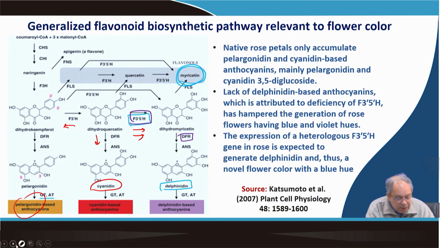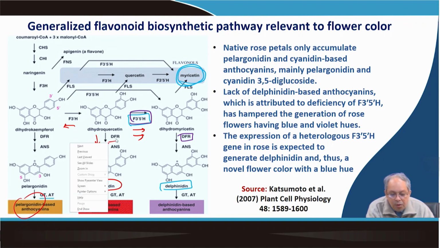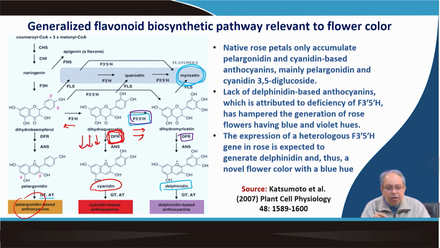What will happen is that this DFR is already there in the rose. So, when you put F3'5'H and DFR from two different plants there, the rose DFR, which converts dihydroquercetin, the major intermediate, is also acting.